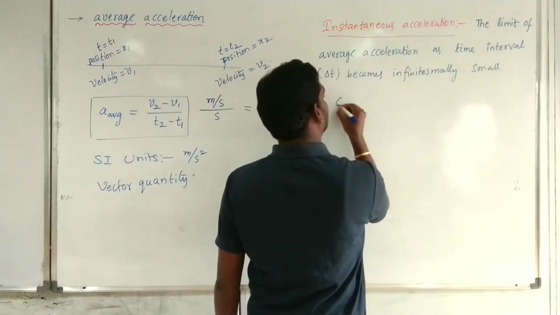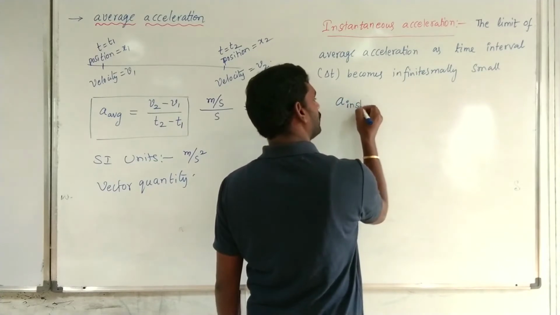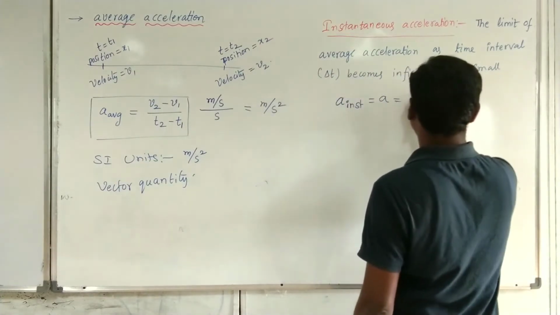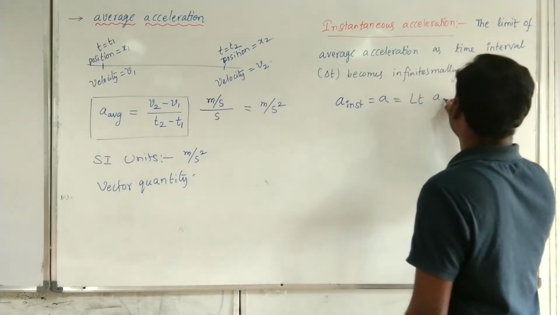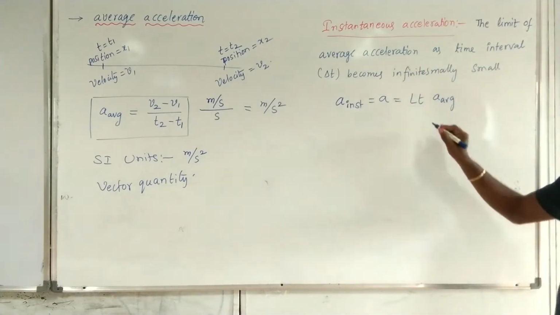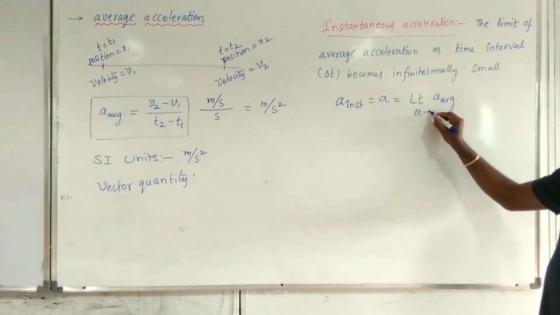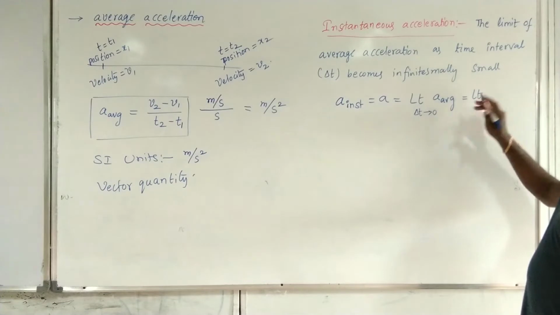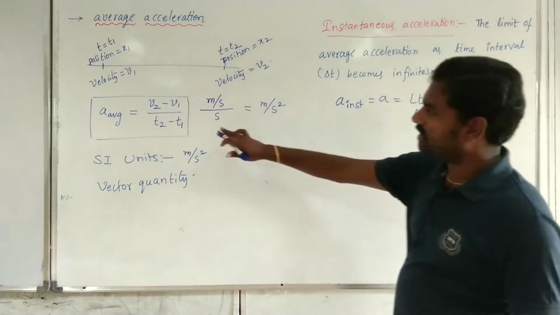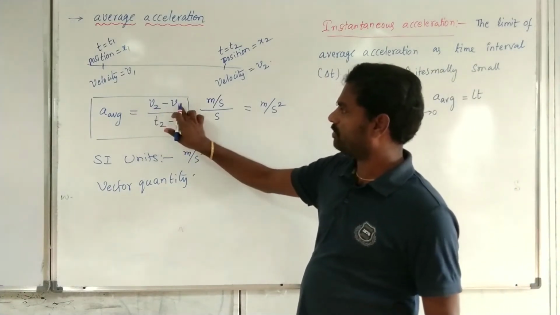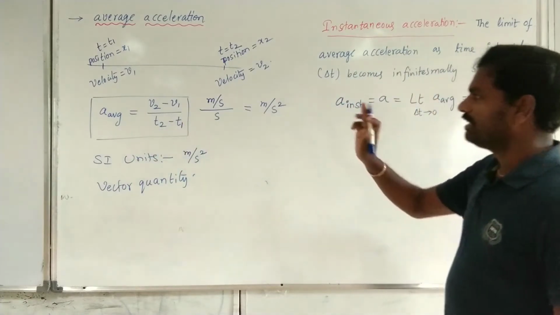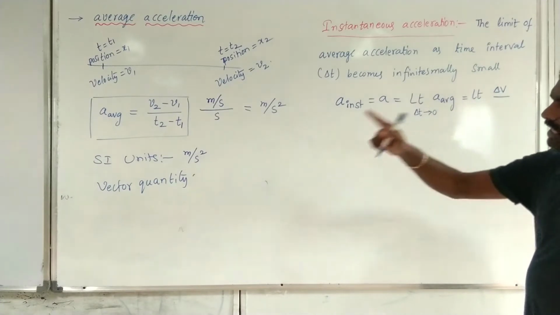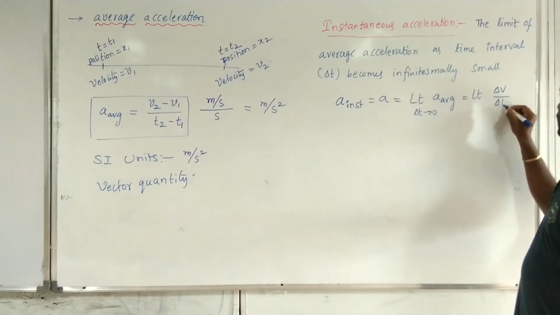The instantaneous acceleration, we will simply call acceleration hereafter. So, acceleration is the limit of average acceleration as the time interval approaches 0. The definition of average acceleration is v2 minus v1 by t2 minus t1, that is, delta v divided by delta t.